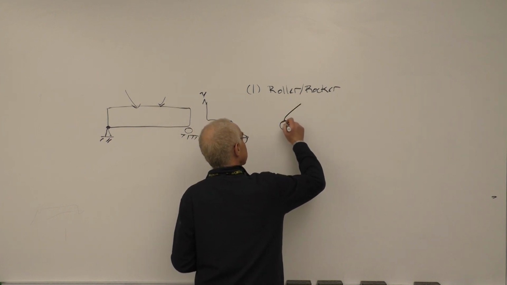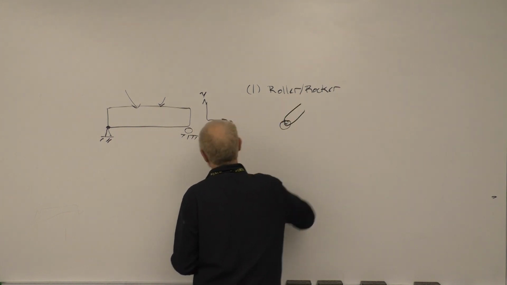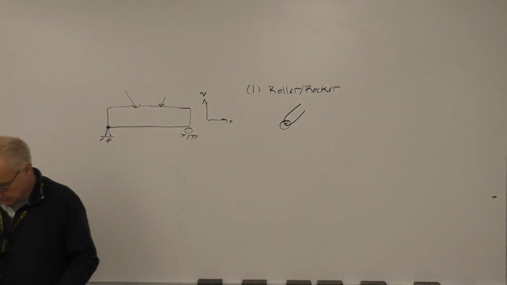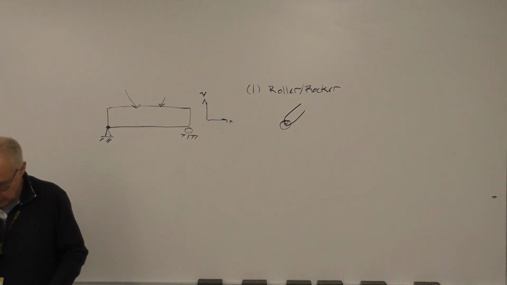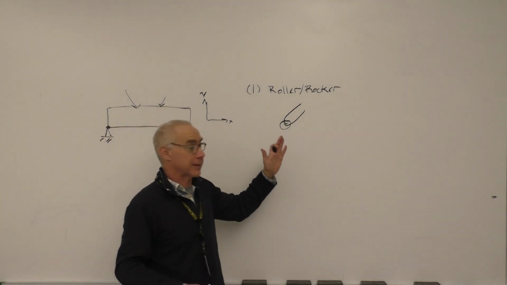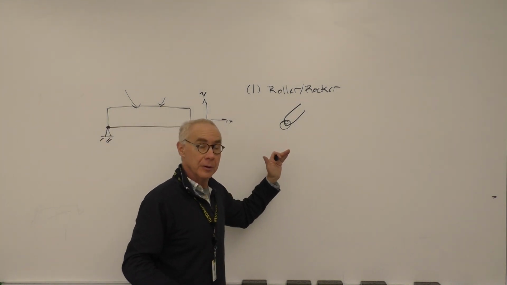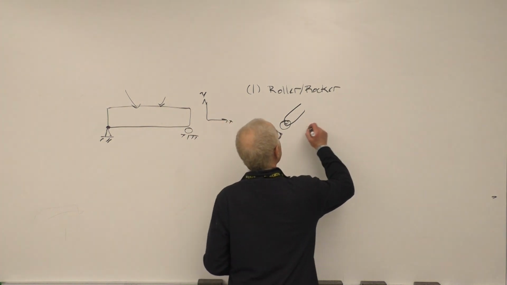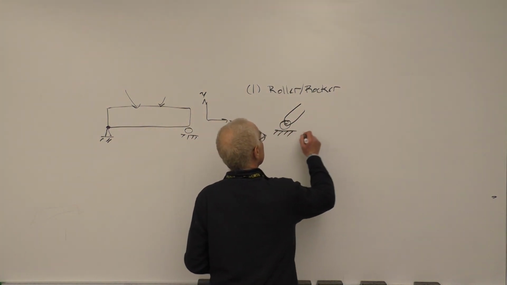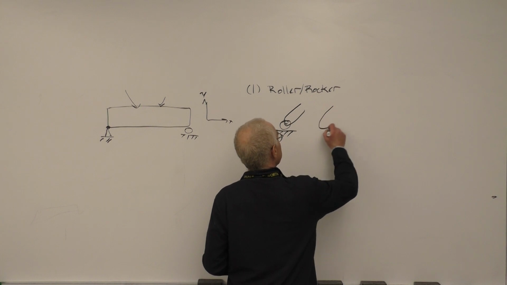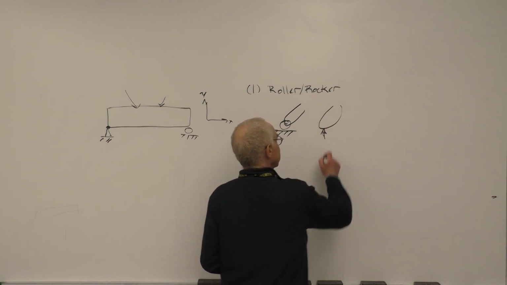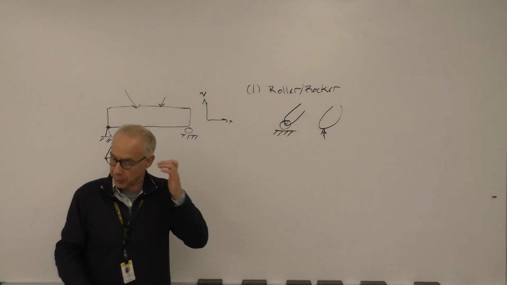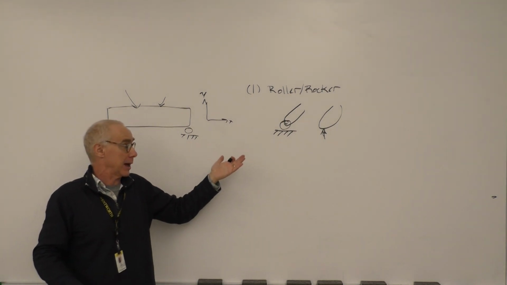Okay, so in this case, we have one force. The force is perpendicular to the surface that it's resting on. So for example, if we had the surface here, then to draw the free body diagram, will be just that, just a single force upward. So that's no different than what we had before.